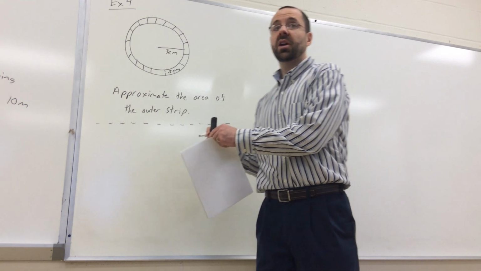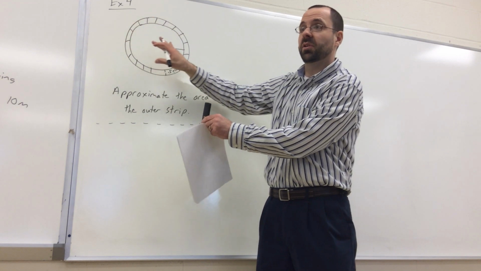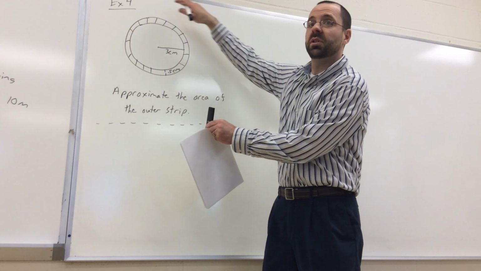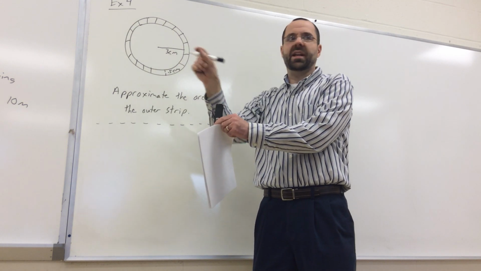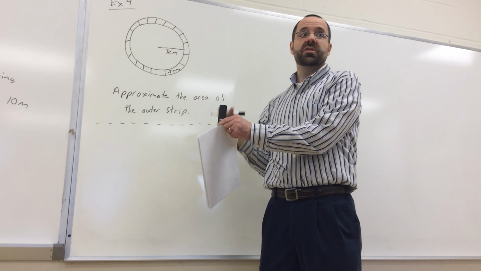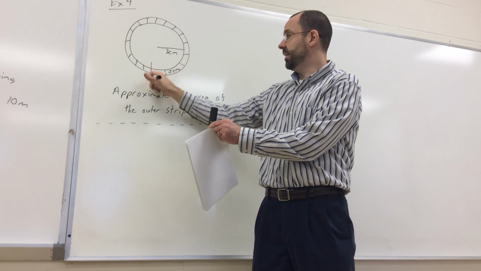Okay, so what I'm going to do is let's visualize that this was a piece of paper, and I cut out the bigger circle, and then I cut the inner circle out of it. So I've just got this ring of paper. Then what I'm going to do with that ring of paper is cut it right here.